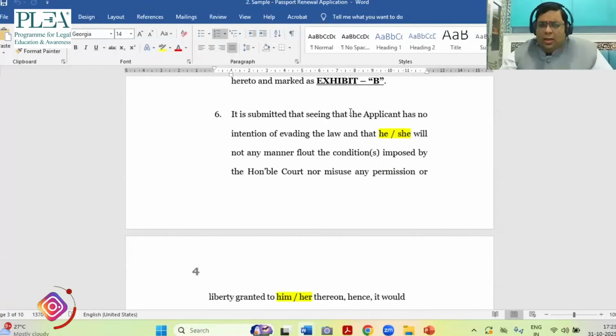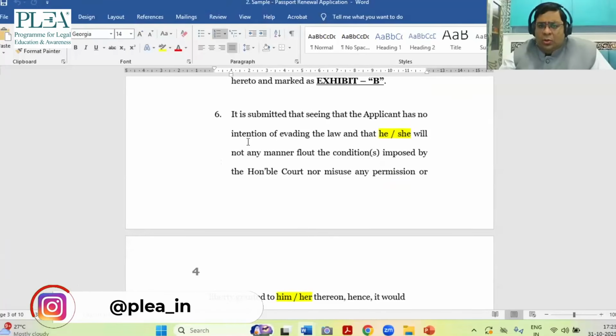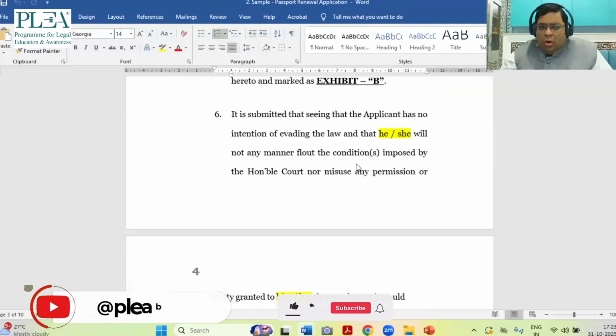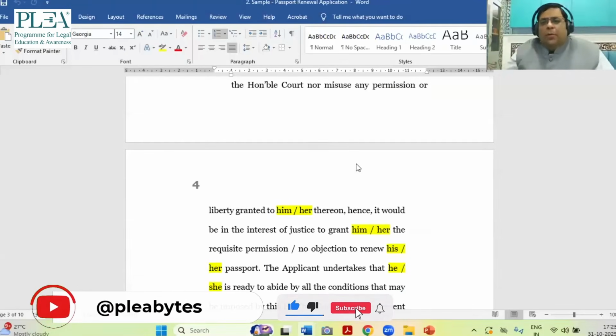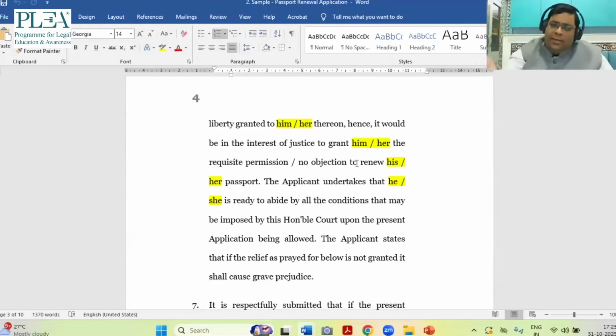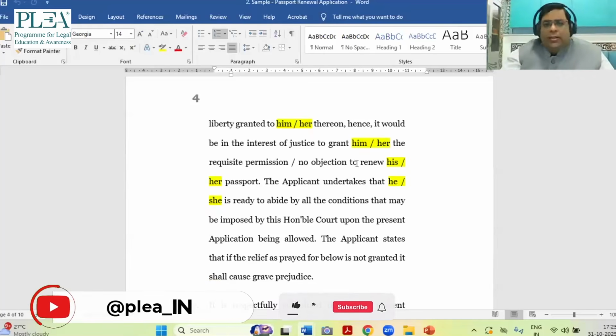Now, there is a declaration which the accused gives that he has no intention of evading the law, nor is he flouting any conditions, nor will he misuse the permission given upon granting of no objection for renewal of passport, and that he undertakes to abide by the conditions that may be imposed while allowing the present application.